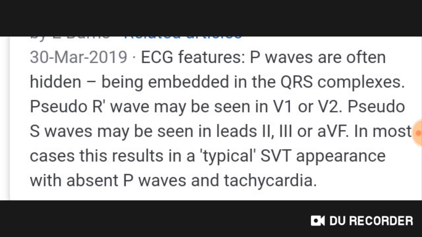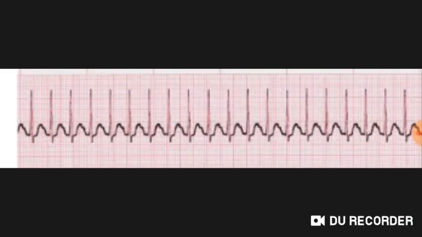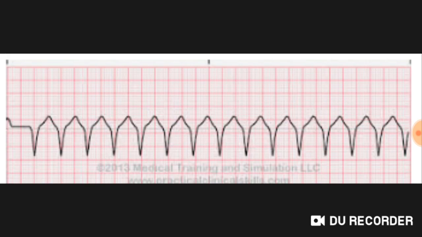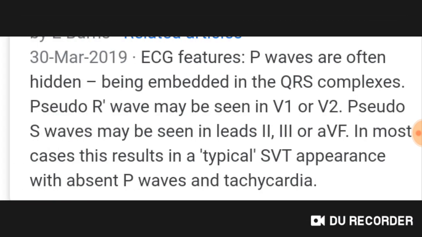Pseudo S waves may be seen in leads II, III, and aVF. In most cases it is typically SVT, supraventricular tachycardia, with absent P waves and tachycardia. So guys, I hope SVT is clear. SVT looks like this, whereas ventricular tachycardia looks like this. So remember the differences between both.